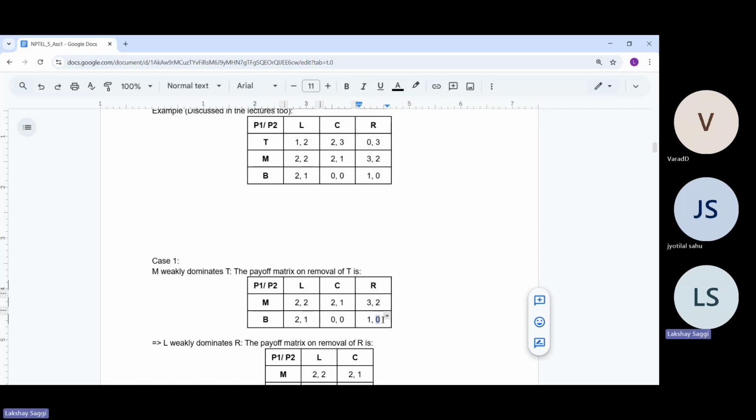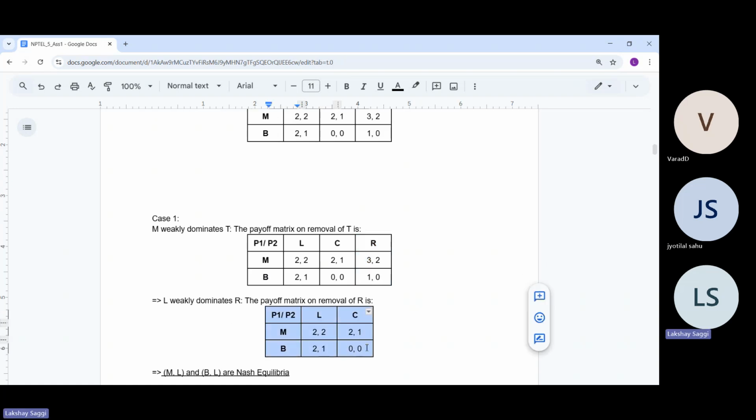Since 1 is greater than 0, if the row player has played B, then L is a strictly better strategy than R. So in both cases, at least we know that L is not a worse off strategy than the strategy R. Whatever the row player is playing, whether M or B, playing L is no worse off than playing R. And what this means is that since L is weakly dominating R, let's just remove this strategy R from our payoff matrix.